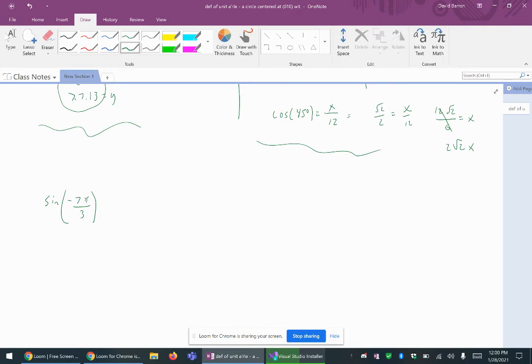This is below 0. So what I want to do is find a coterminal angle to negative 7 pi over 3, and I could do that by adding 2 pi, find a common denominator.